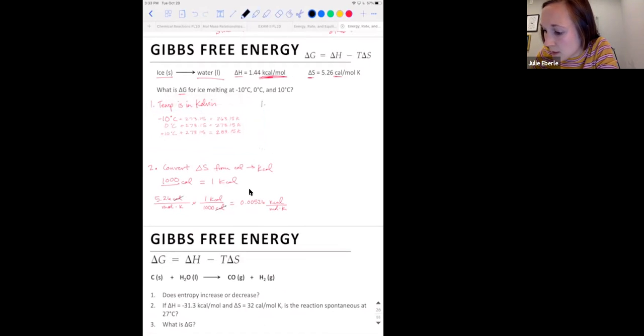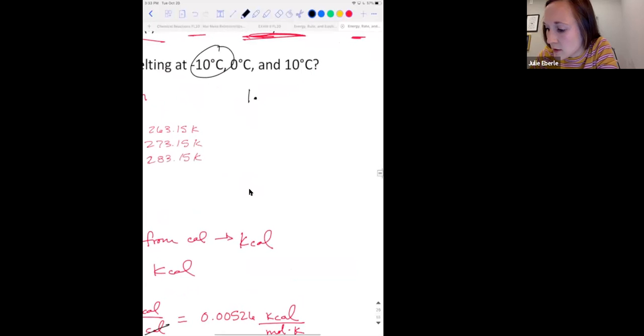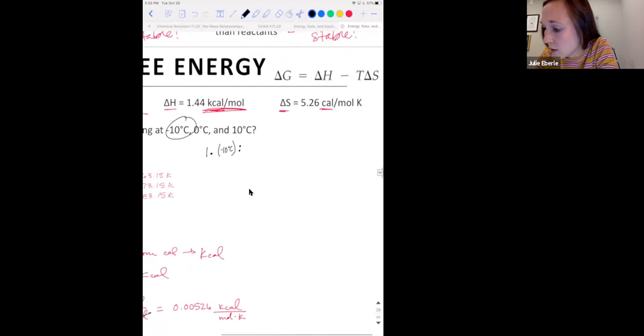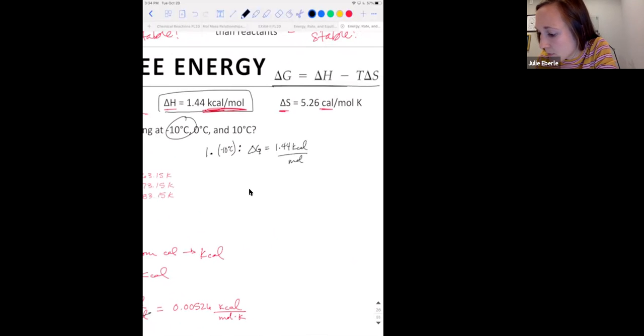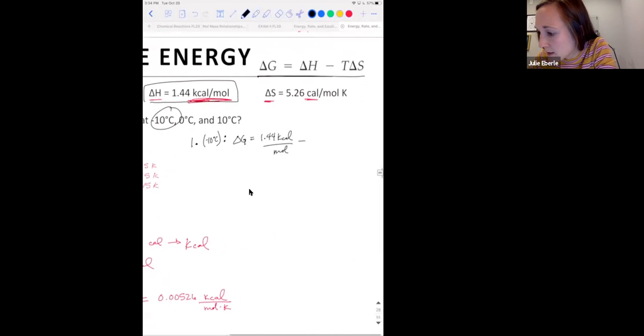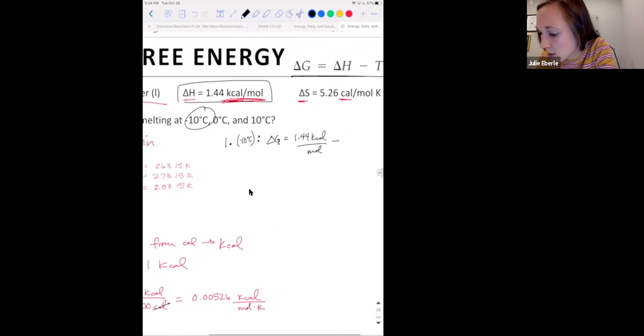All right, number 1. So we're about to calculate delta G. We're going to do it for the negative 10 degrees Celsius. So we're just going to plug everything in. Here's the equation. So delta G equals, what is our delta H? Here it is right here. We're just going to plug it in: 1.44 kcal per mole. And we're going to do minus T delta S. And our temperature in Kelvin is 263.15.